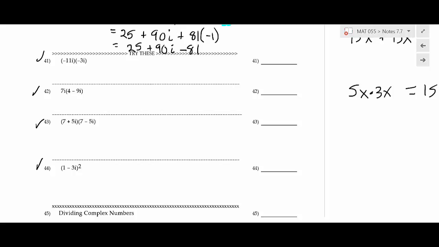You see when you have i squared, you replace that with -1. So what you would say is 33 times -1. Ultimately, you worked out 33 times -1. First step, i squared is -1.